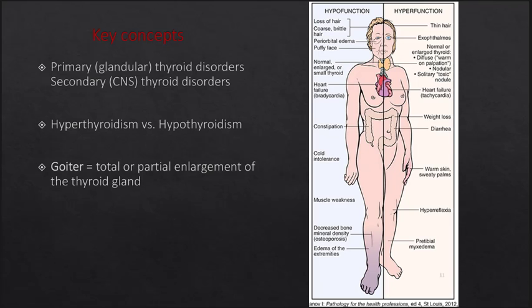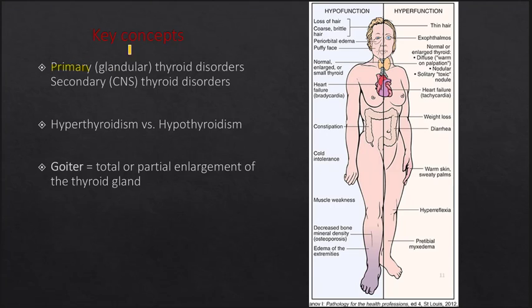Thyroid disorders is next. The main function of the thyroid gland is to produce thyroid hormones, and this is controlled really by the central nervous system, so the pituitary gland and the hypothalamus are in control of that. And they are, we know, a part of the glands found within our brain. Thyroid disorders can either be primary or secondary, which you can see listed here.